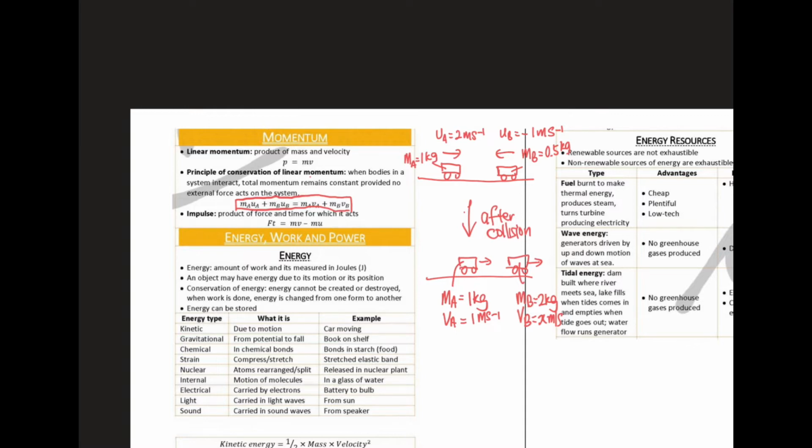If I use it here: MA is 1, UA is 2, MB is 0.5, UB is -1, MA is 1, VA is 1, MB is 2, VB is X. So we can work out X based on the information here.